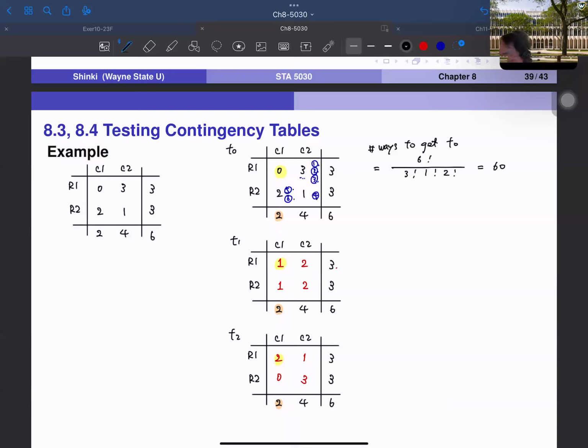So what's the probability of T naught out of all possible combinations? That is 60 over all possible combinations. Oh, sorry, then we have to consider how many all possible combinations there are, that is, all possible ways to get this marginal distribution.